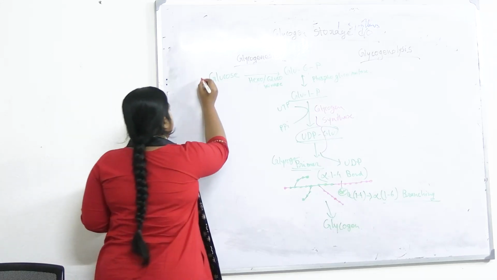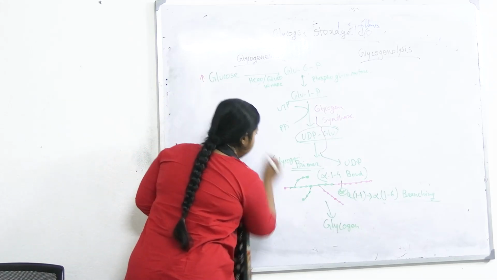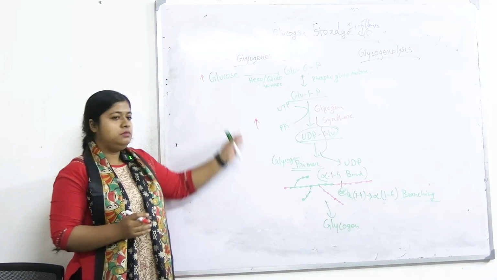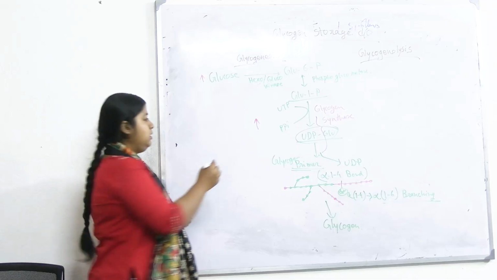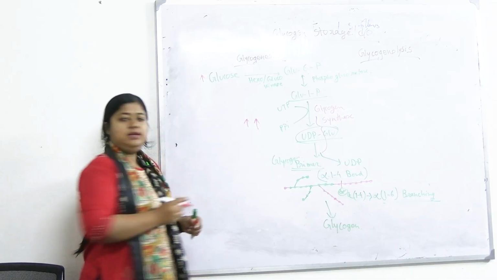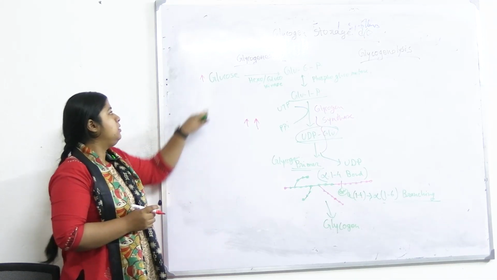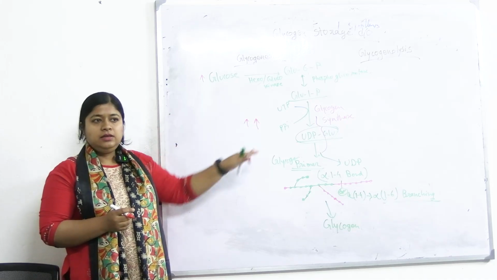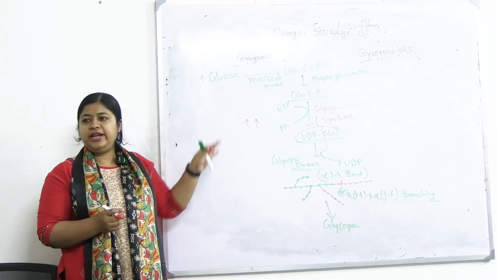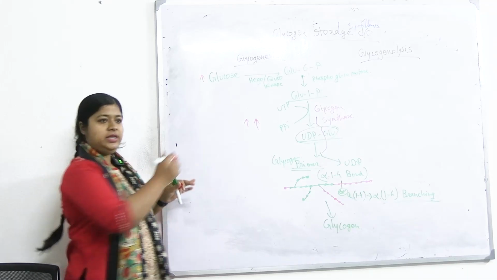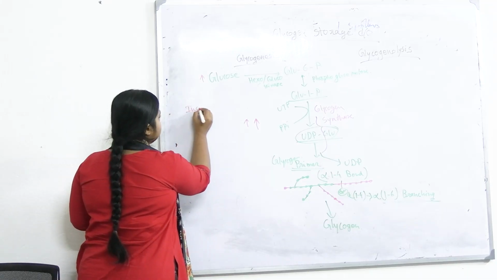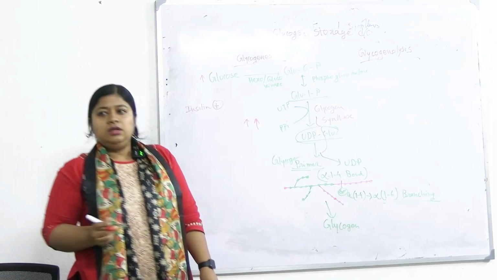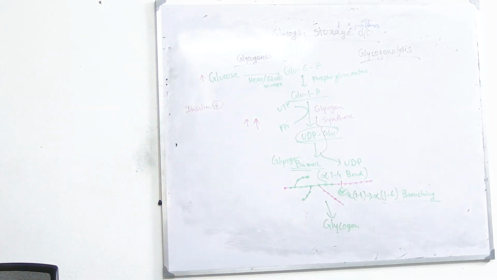So when glucose is high, then this overall process will be initiated. Okay, right? So in fed state, which hormone acts? Insulin. So insulin has a positive effect on glycogenesis.